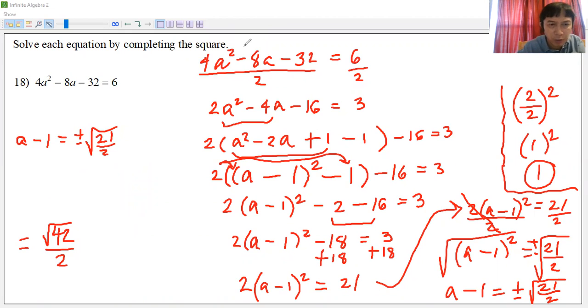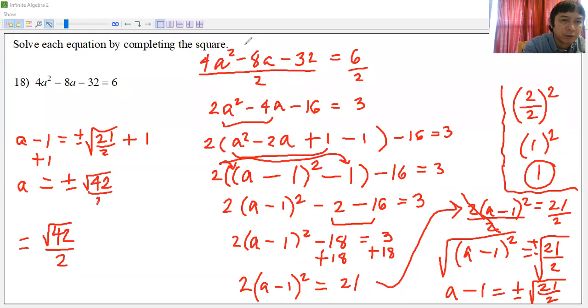Okay, this will now be plus 1 to both sides. So this will now be plus 1 here and plus 1 here. There. And so this will continue a equals plus or minus. We will now replace it with square root of 42 over 2.